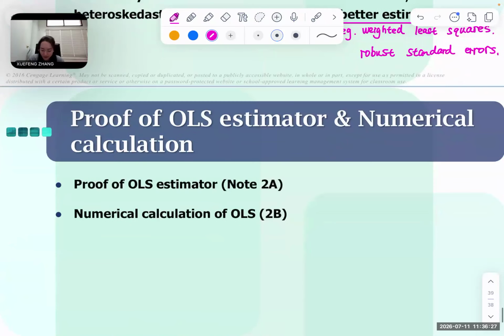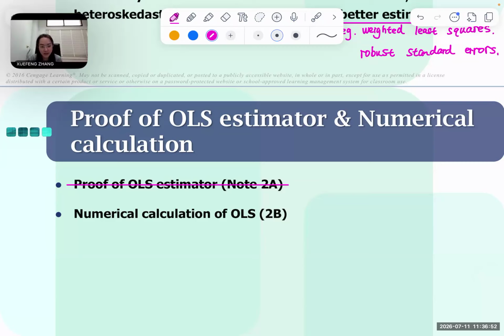All right, I'm not going to show you the proof of the OLS estimator, because if I show you that, you will be more confused and hate econometrics more. I don't want you to hate this course. I just want to give you some intuition.